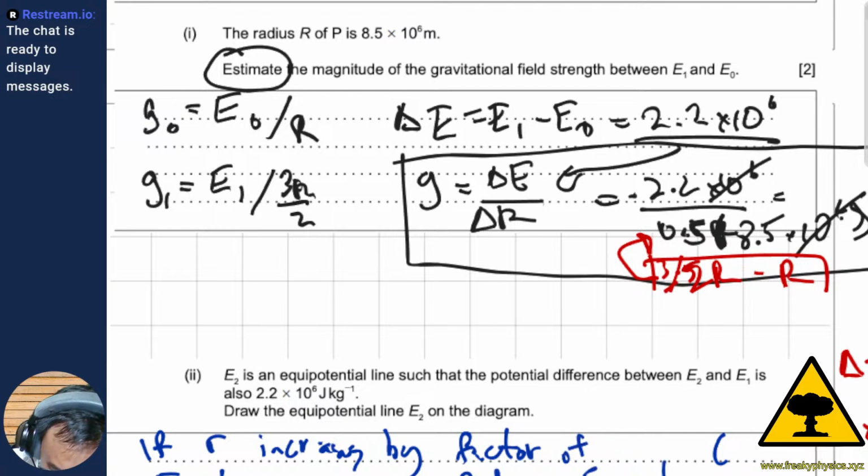Not X, let's say by a factor of N. So this is multiplied by N, and this is also decreased by a factor of N, so this is going to be divided by N.